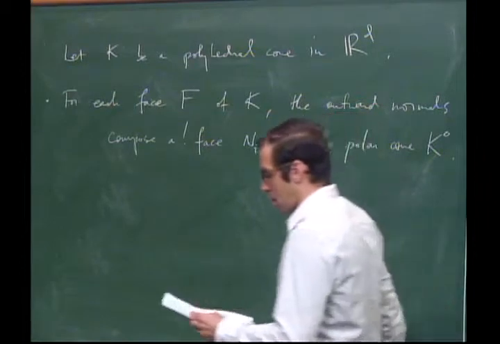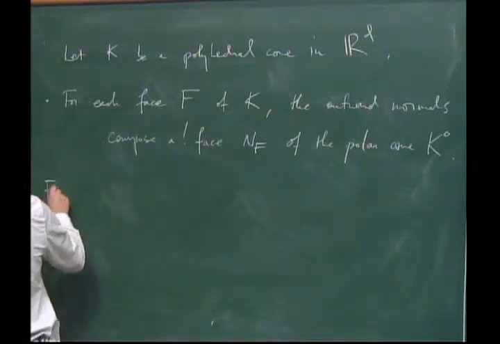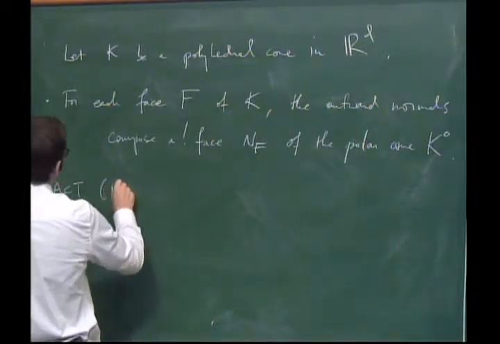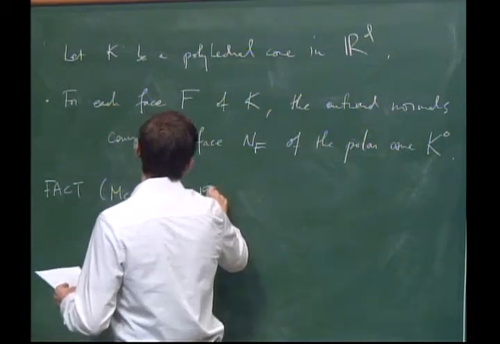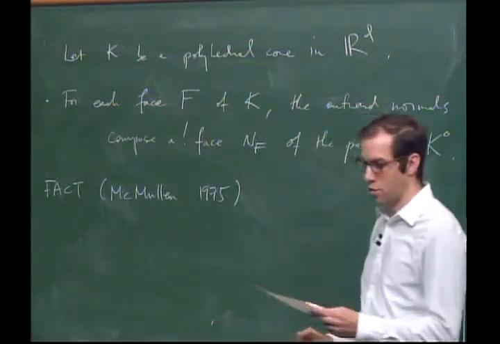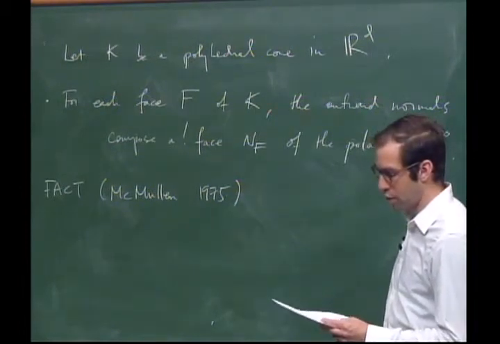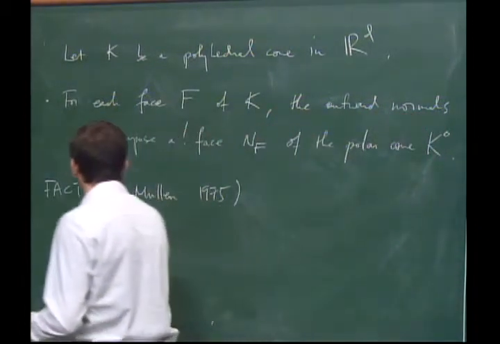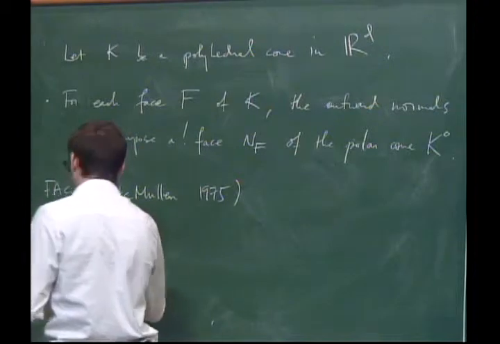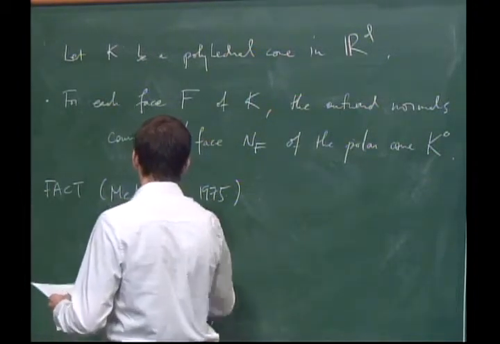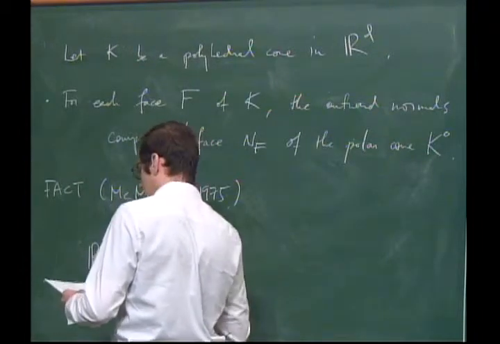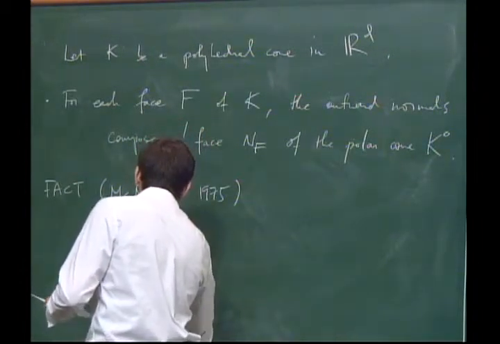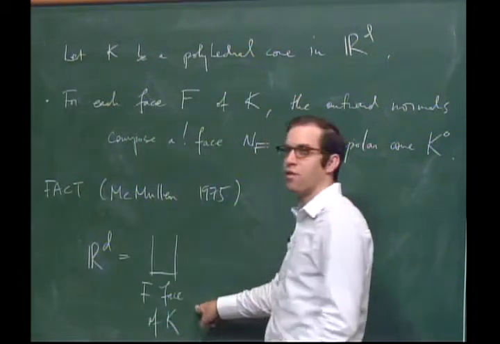Okay. Now, there's a fact which is effectively due to McMullen in 1975, from a very influential paper on integral geometry, that says that you can tile all of R^D as a disjoint union over all of the faces of the cone.